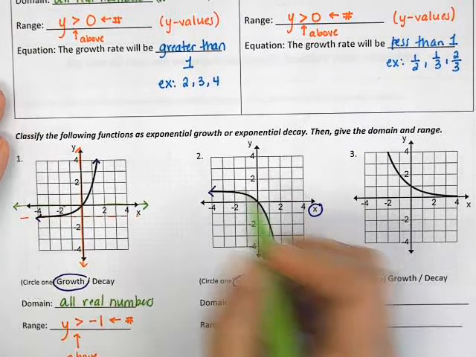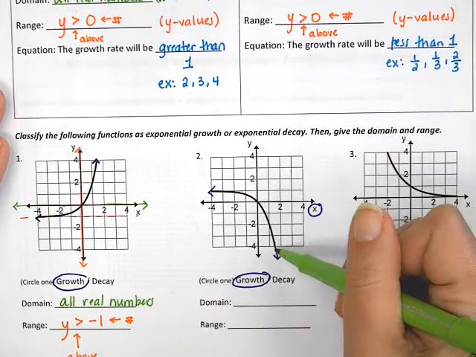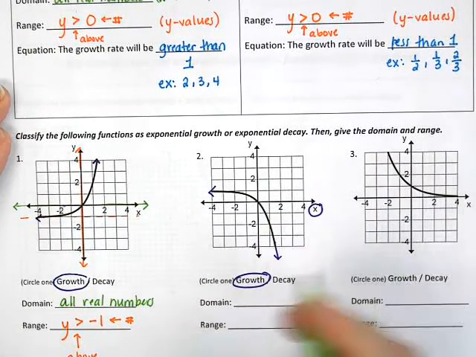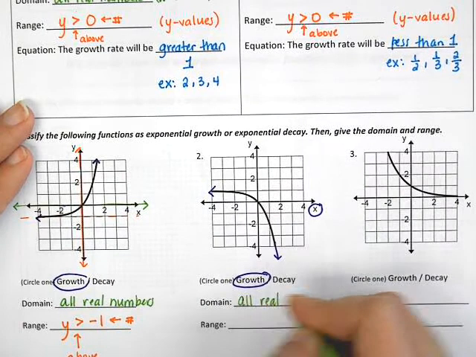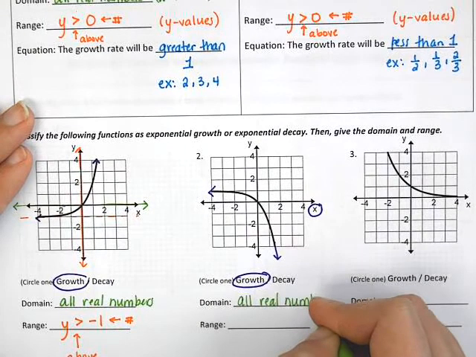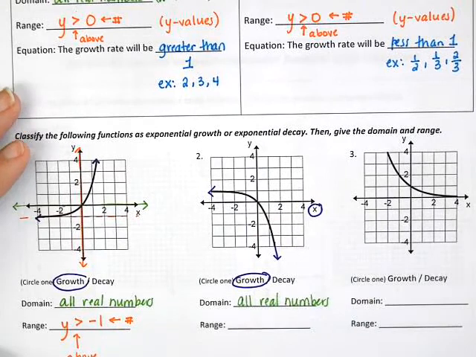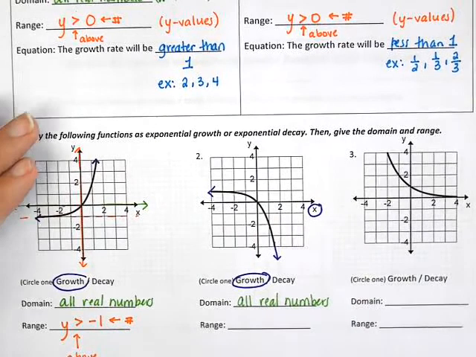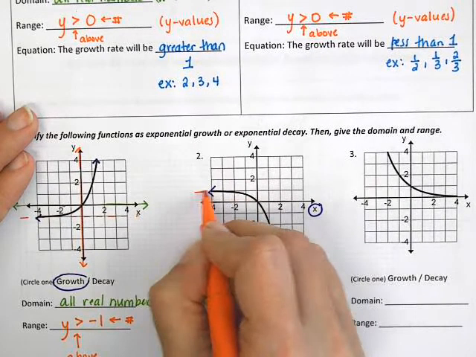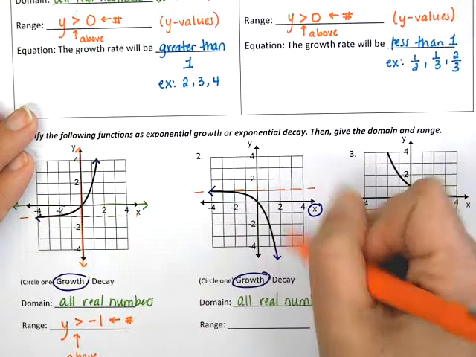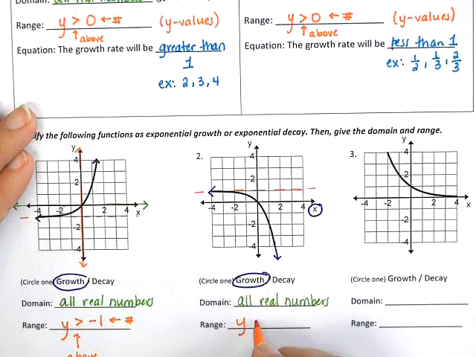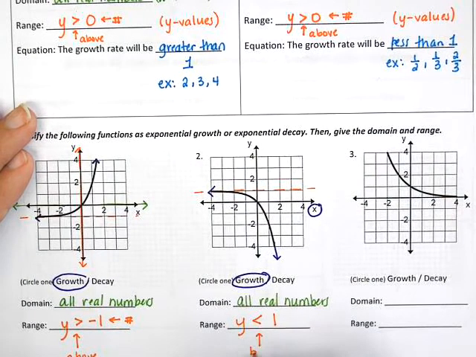Because this graph continues to go to the left forever and ever and continues to go to the right forever and ever, we would say that our domain is all real numbers. And for our y values, our range, well, this time the graph is close to the number 1, but then always below there. So we would say that our y values are always below the number 1.